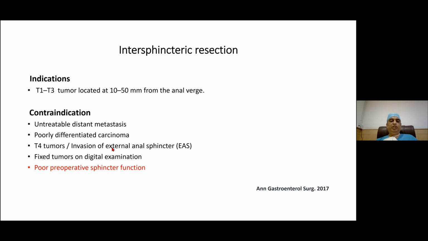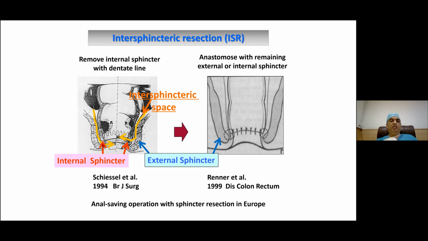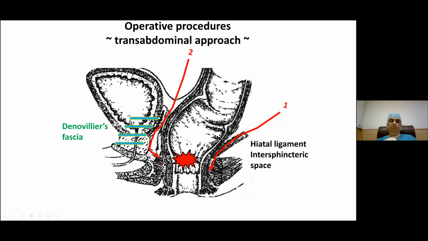This is the diagram you can show. You have to resect, go into the intersphincter groove, resect it, and go down and do a coloanal anastomosis. This is the plane. You do it close to the levator ani, and then go into the intersphincter groove and really along the adenoma fascia you dissect, and then do a partial, total or subtotal ISR.